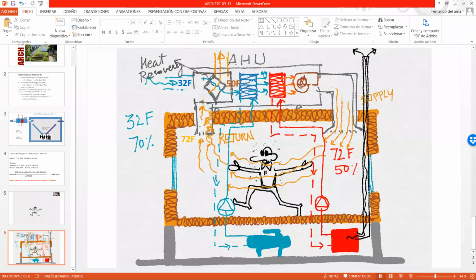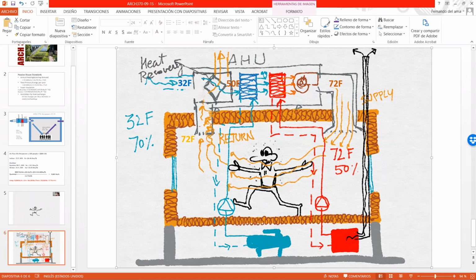And then we need to heat up this air to 72. Okay, so those are the savings because this is for free. This first warming up is for free because we are just recirculating the air. We are not adding any energy here. It's a complicated system, so we are not designing heat recoveries, but we have to use them.